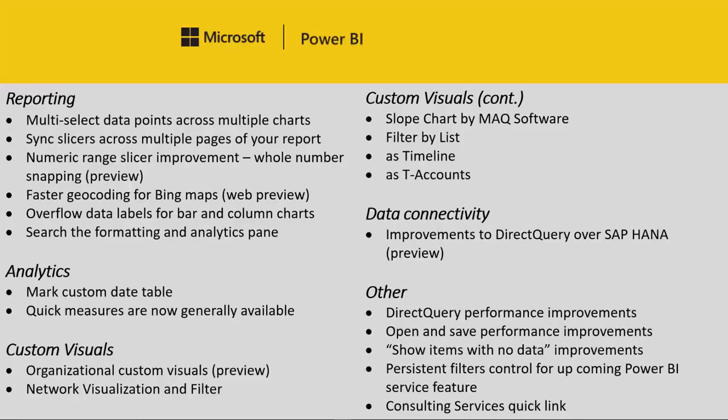Next up is the analytics section, and we have two features to talk about this month. The first is that you can now mark your own custom date table. So if you have your own date table that you're bringing in and you want us to use that and not automatically create our own date table behind the scenes, you can now mark that in Power BI Desktop directly.